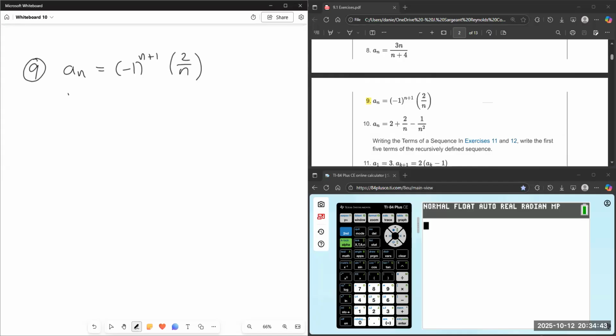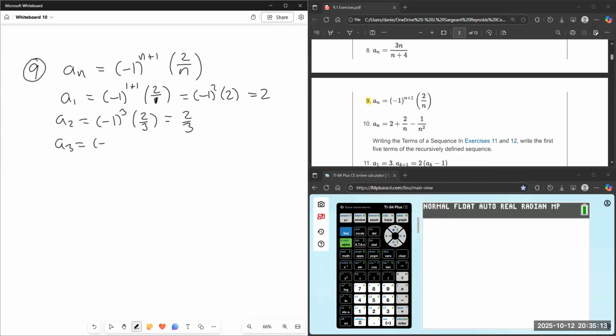We want a1 is equal to -1 to the 1 plus 1, 2 over 1, is -1 squared times 2, is 1 times 2, is 2. A2 is -1 to the 3rd over 2, thirds will be a -2 thirds.